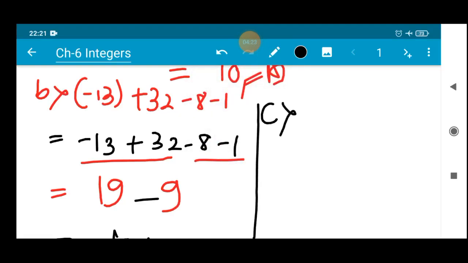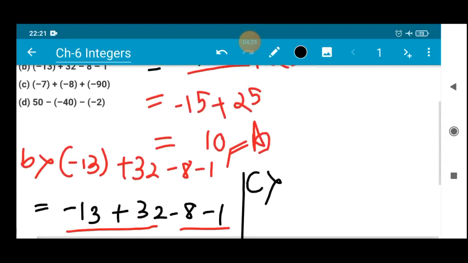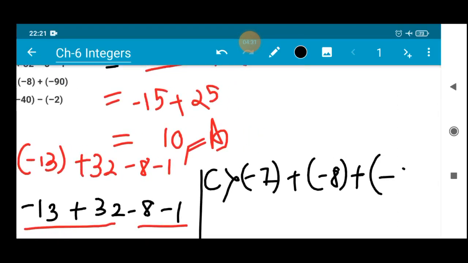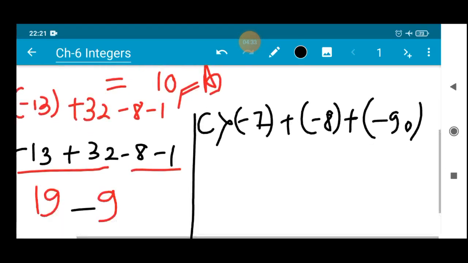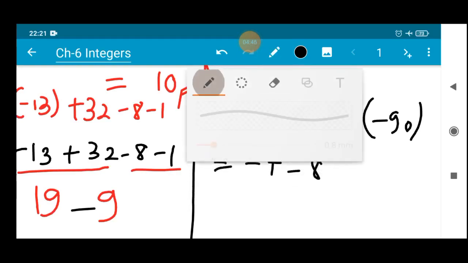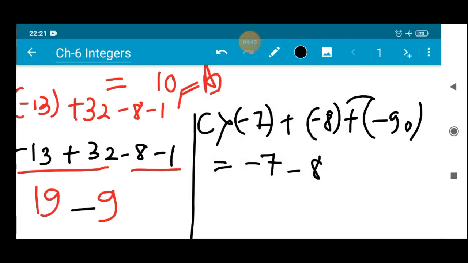Let's do number C now. Number C will be minus 7 plus minus 8 plus minus 90. Here again I'll apply the same thing: minus 7 plus minus will be minus 8, then again minus plus minus will be minus 90.